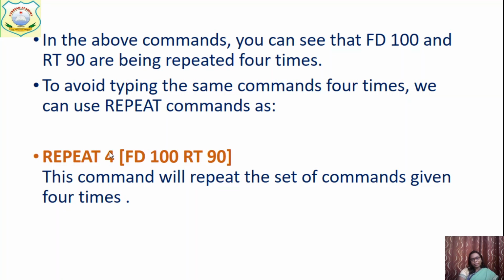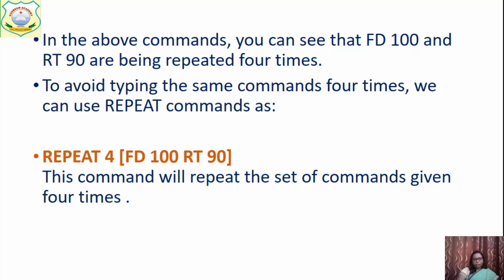So this is the syntax for the repeat command. First write repeat, then a space, then the number of times you want to repeat, and the commands that you want to execute you have to write in brackets. Okay, in this way you can draw a figure without repeating commands.